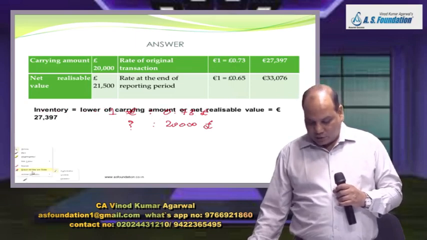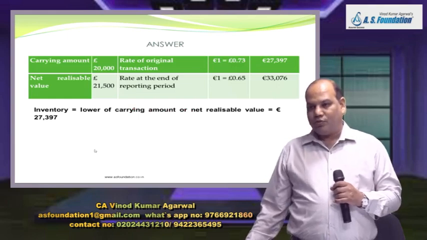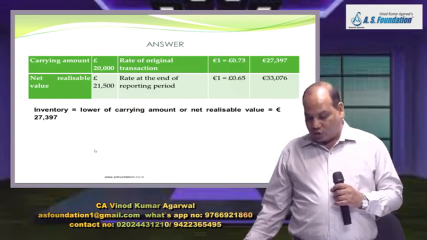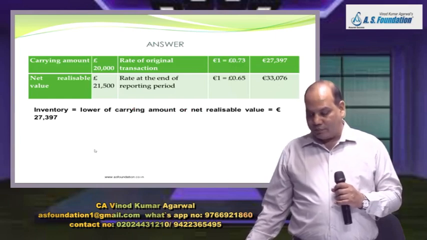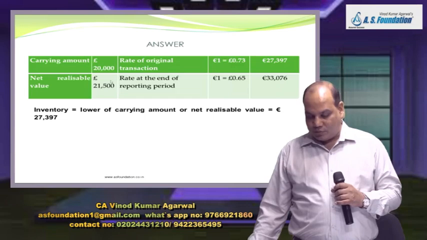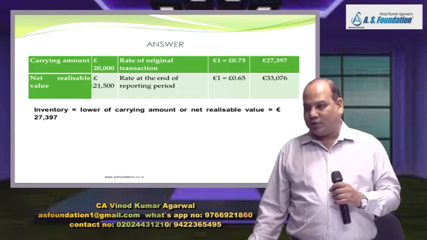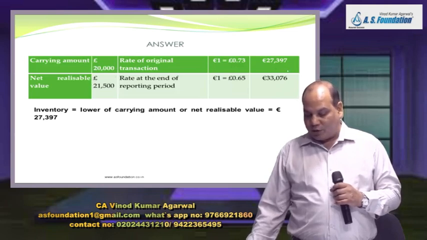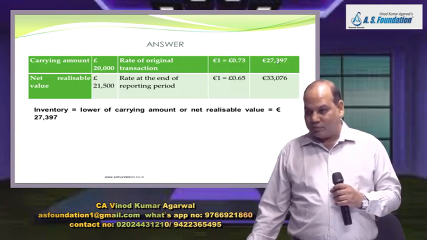Now inventory is valued using IAS 2. Cost or NRV, whichever is lower. Now very interesting thing they have mentioned in the standard also. If you compare their pound values, NRV is higher. But if you compare their euro values, euro is higher here also.